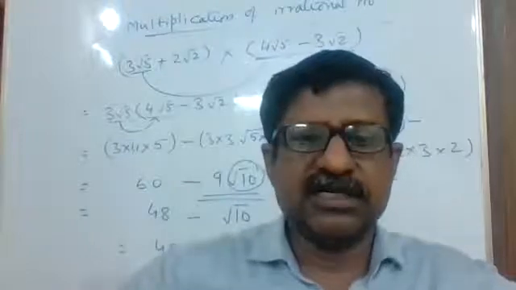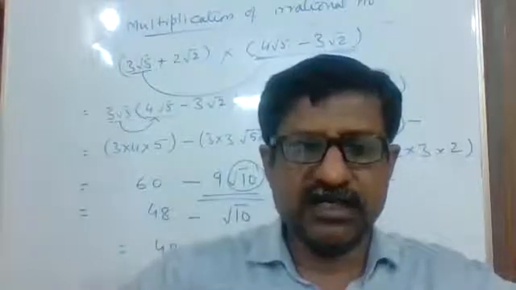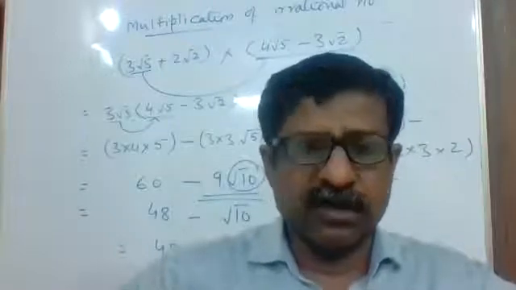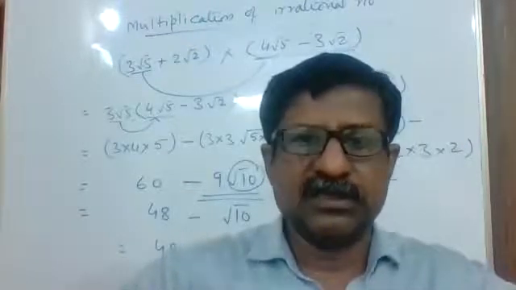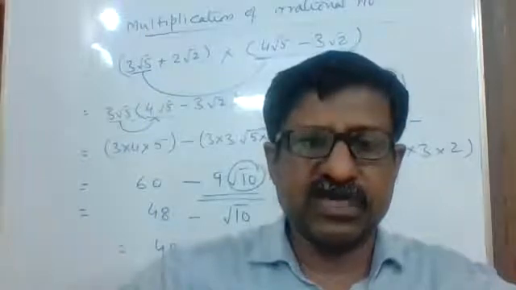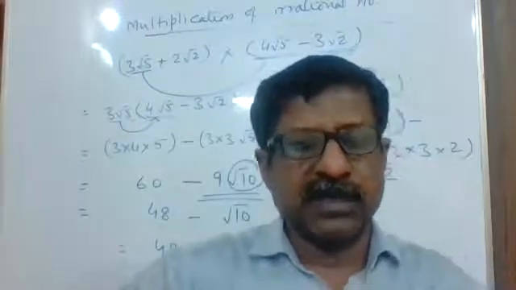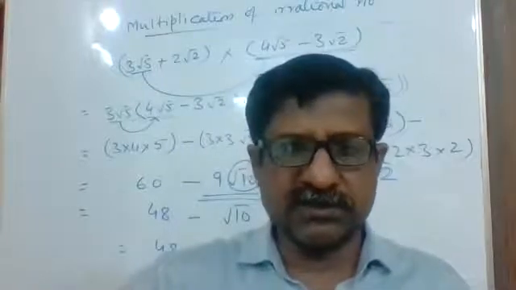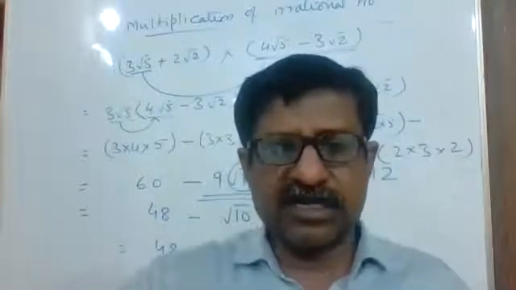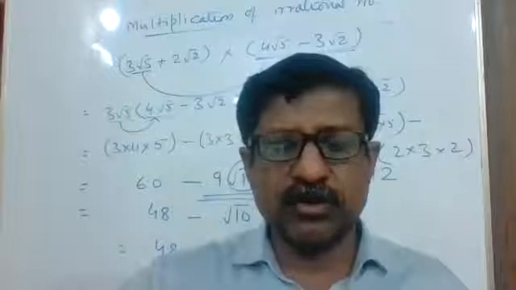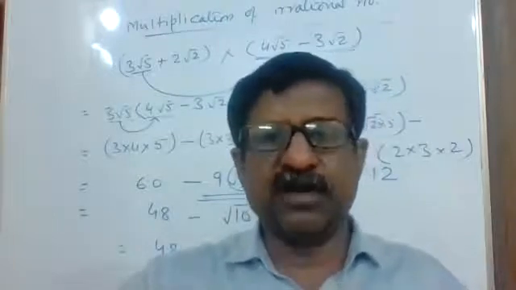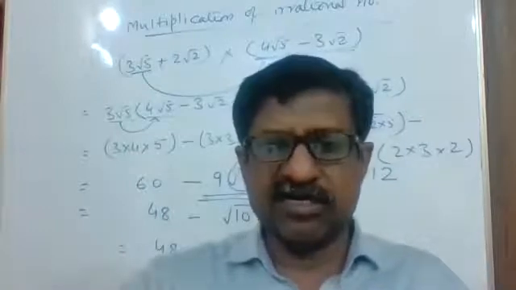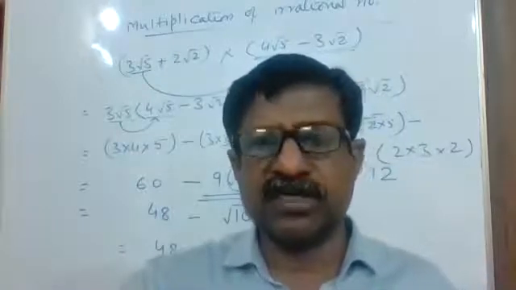Expecting multiplication is clear to you. Once again, you see the video in case you're having difficulty, clear off your doubts, because the topic rationalizing factor which I'm going to show is totally based on multiplication of irrational numbers. And if multiplication of irrational numbers is not clear to you, you will have slight difficulty in finding the rationalizing factor or rationalization of denominator of certain irrational numbers.